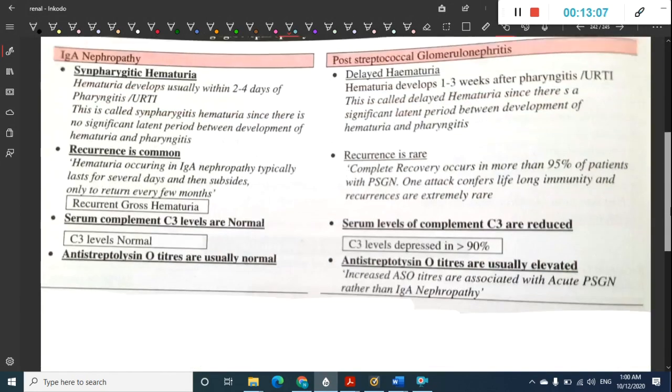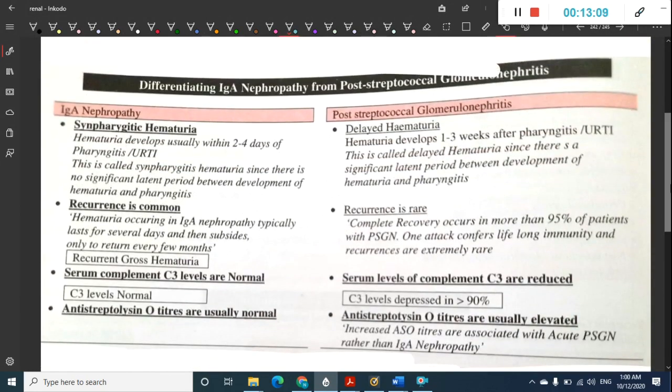Then we will have to find the differentiating features between IgA nephropathy and post-streptococcal glomerulonephritis, because both of them are associated with pharyngitis. So we should be able to differentiate between them. IgA nephropathy presents with synpharyngitic hematuria, that is, hematuria occurs 2 to 4 days after pharyngitis.